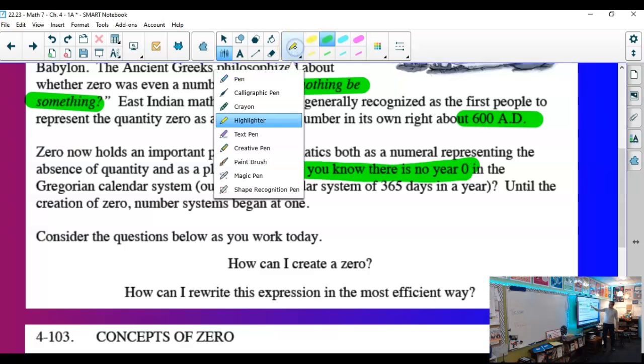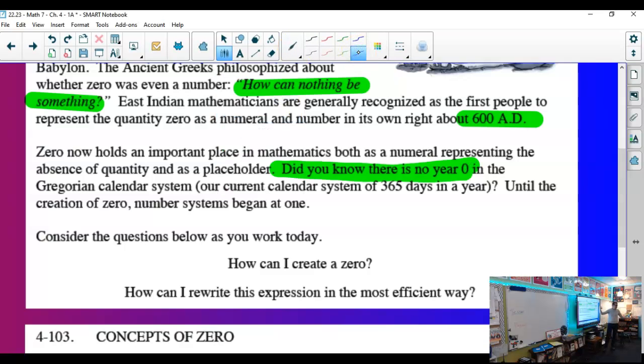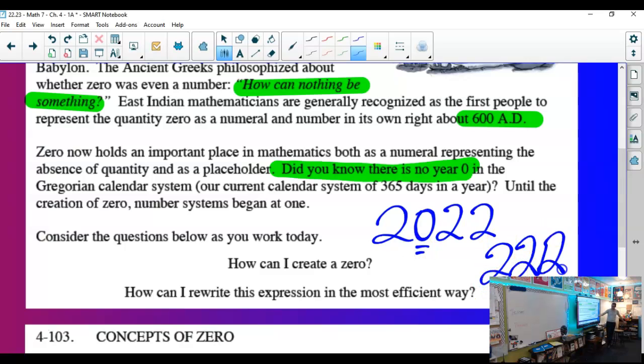The year that we're in right now, what year is it? 2022. This zero is really important because, guys, if I write this as 222, is that the same? No! That zero is really, really important. Otherwise, you're going to time travel 1,800 years ago, and I don't know if we want to go back there. Things were even more broken then than they are now.